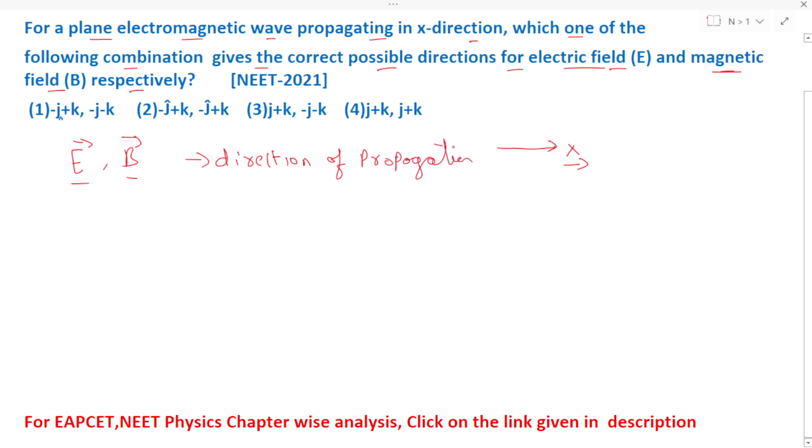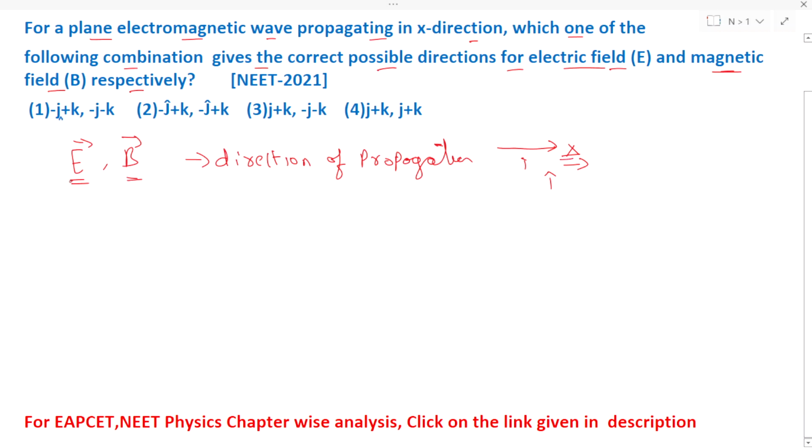Now he told that the direction of propagation is along the x-axis, that is along I cap. If you take I cap as the unit vector along the x-axis, then E bar and B bar should be perpendicular to the x-axis.